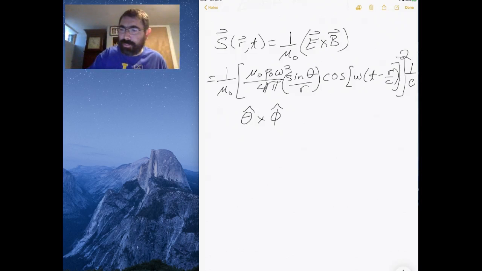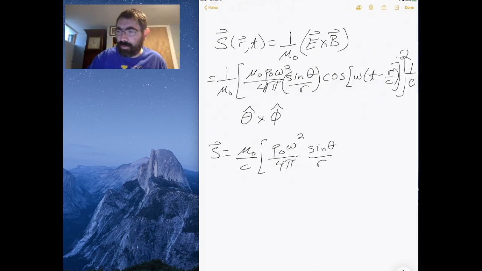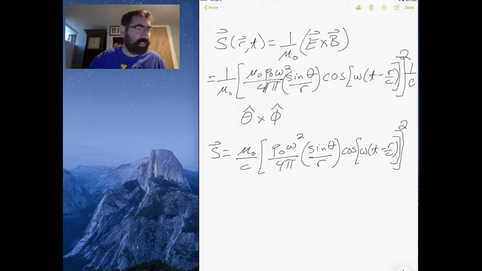So what does that give us? That gives us a Poynting vector, which is mu 0 over c p omega squared 4 pi sine theta over r cosine squared, all of that in the r direction.